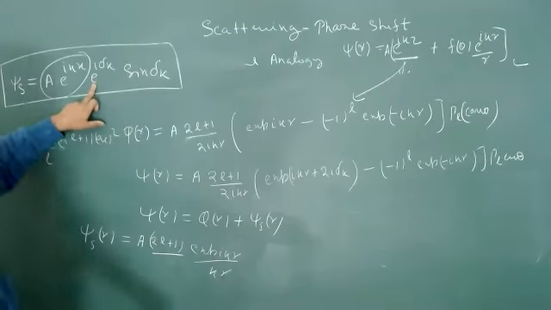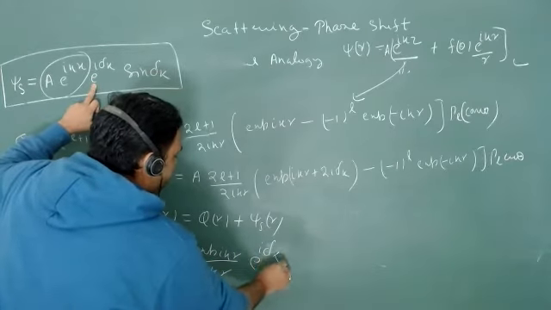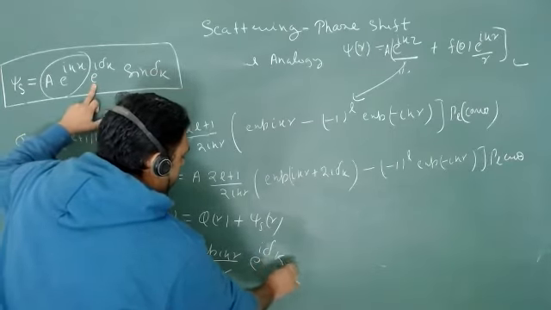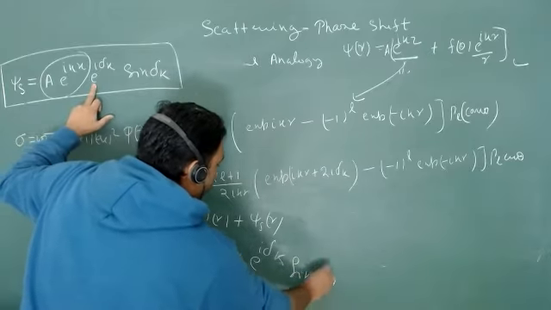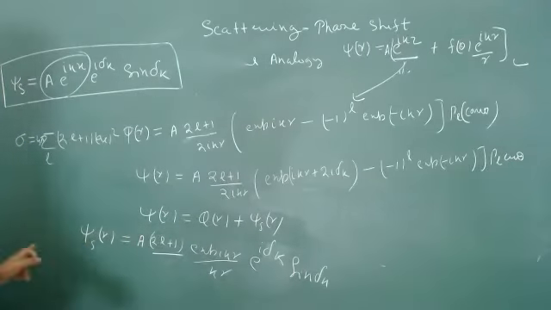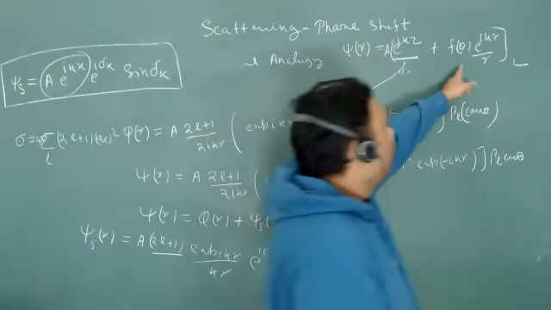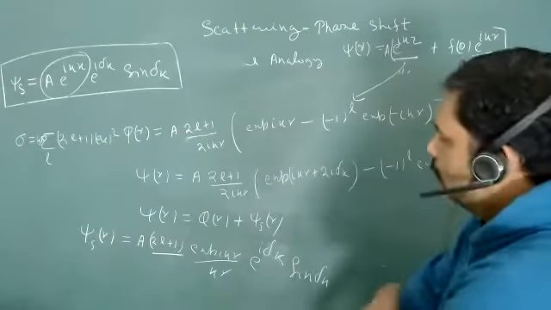And this part will remain the same, e to the power i delta k, and you have sine delta k. So just from there, I can write my psi s scattering. Now, what is a scattered wave? This is your scattered wave. You remember all this thing?